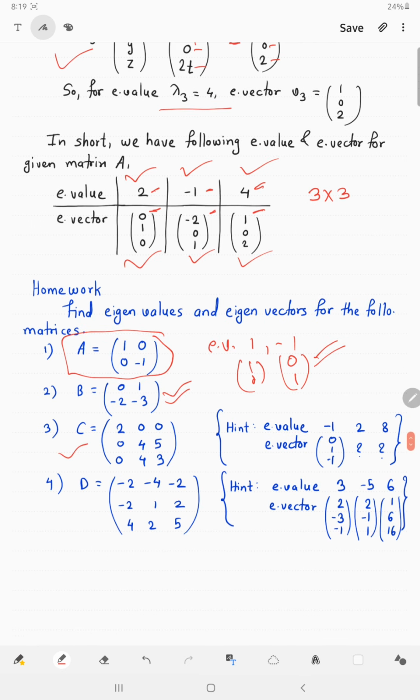Similarly for this 3 by 3 matrix, the eigenvalues are -1, 2, 8. For -1 the eigenvector is this, and you have to find it for 2 and 8. This is a hint. You can try independently by following the above method. Try the first two problems.